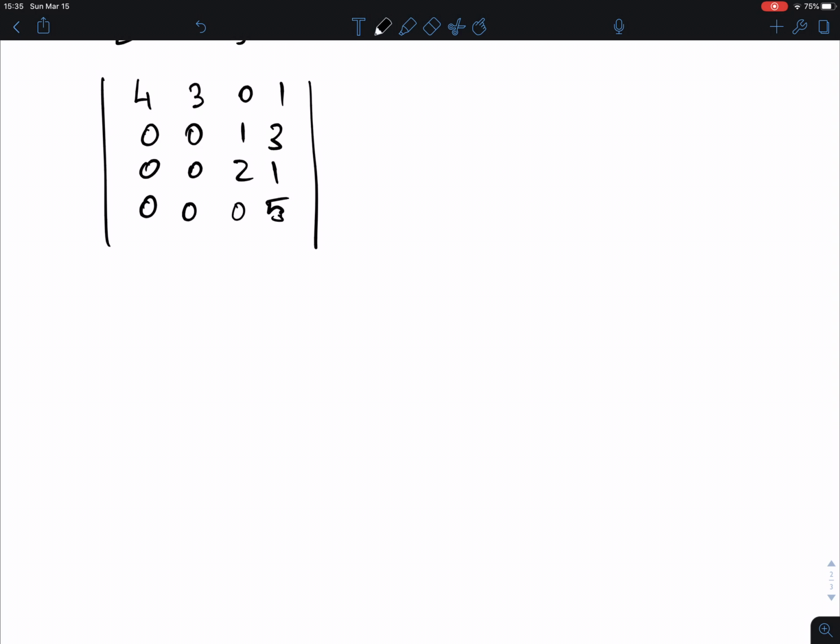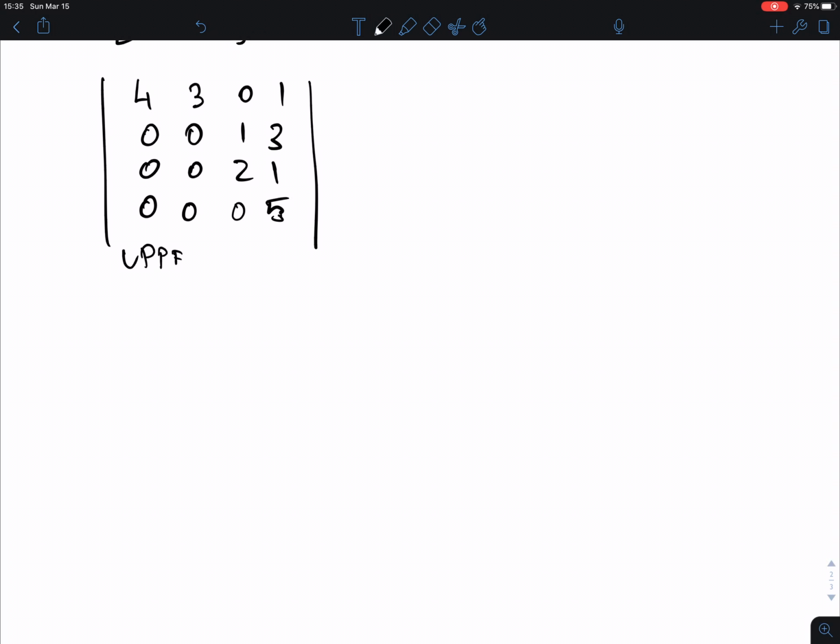So just a simple example, suppose we have the matrix 4, 3, 0, 1, 0, 0, 1, 3, 0, 0, 2, 1, 0, 0, 4. Sorry, this has to be a 0 here. 0, 5. This is an upper triangular matrix because underneath the diagonal we have all zeros. Okay, that's the reason. So it's upper triangular.